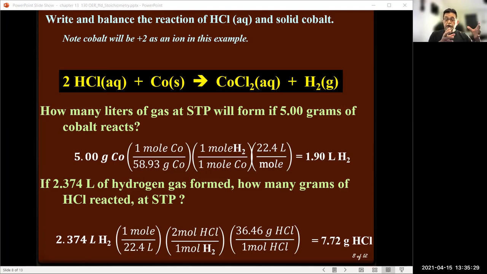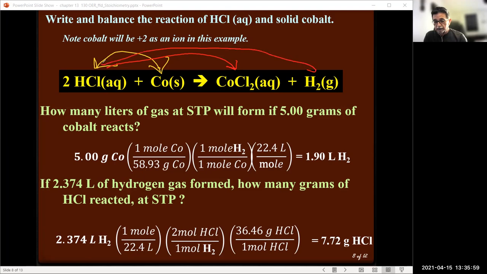You can do calculations with respect to the reactants themselves, okay? That's the thing I want you to understand: once we have a balanced chemical equation, we can calculate between reactants, okay? But we can also calculate, obviously, between reactants and products.